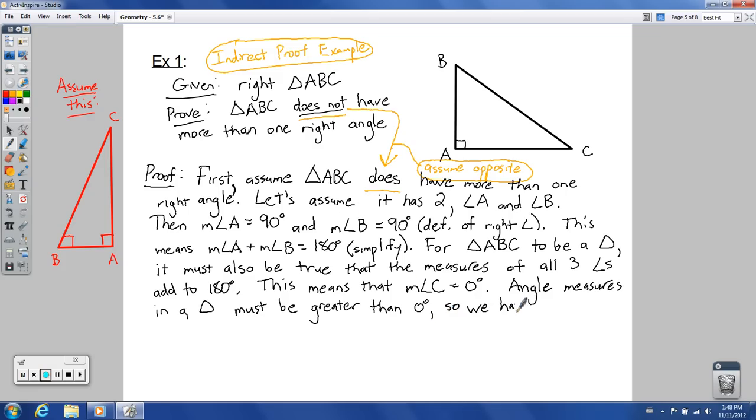So let's write that down. So we have a contradiction and therefore our original assumption must be false.